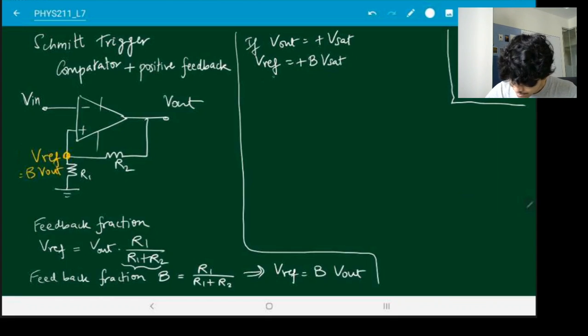So that means our tripping point happens when Vin increases beyond B Vsat. Okay.